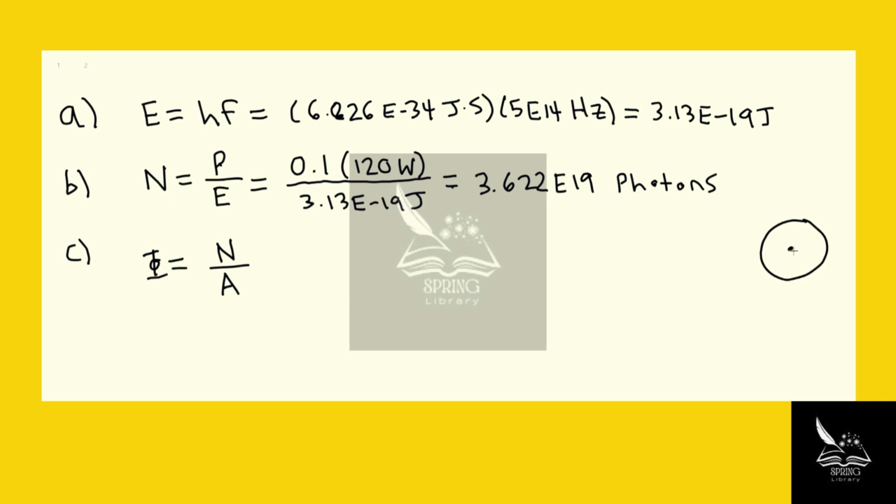So if we have a little point source, we have a sphere of some area, with some radius, and assuming it's emitting uniformly, we can figure out what that area needs to be, and thus what that radius needs to be. So using the area of a sphere, we have 4 pi r squared, and then we can solve for r with a little bit of algebra.